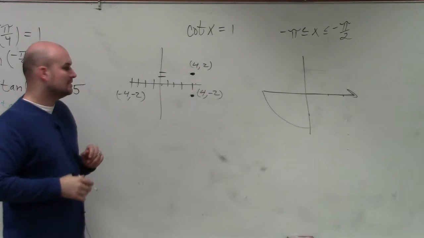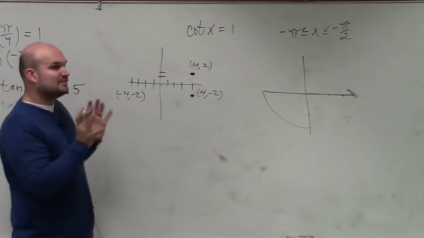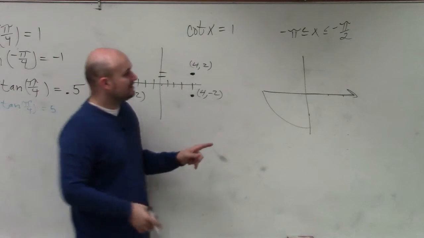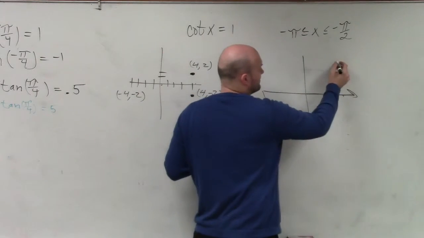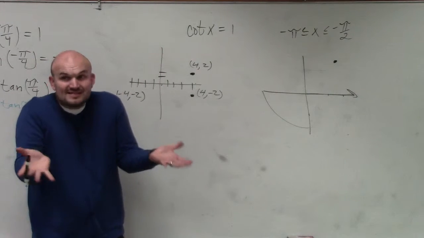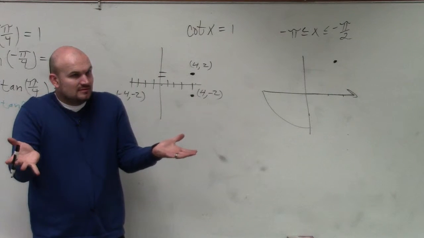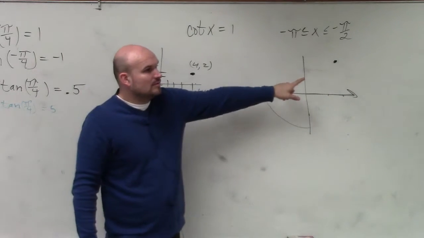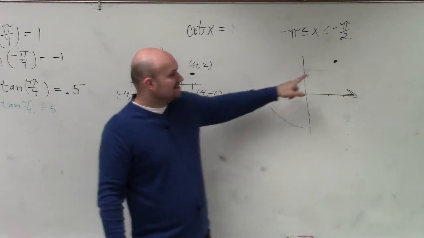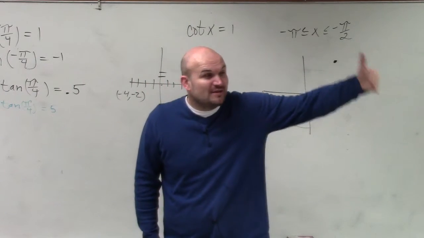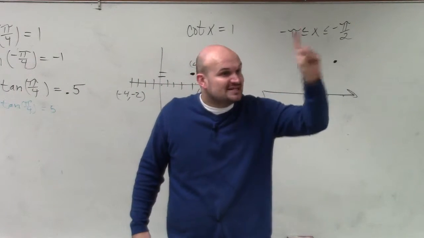So do you guys agree with me then, if you were to look at this problem? We know that the point square root of 2 over 2 gives us the angle that we need, right? We know that the cotangent of 45 degrees is 1.